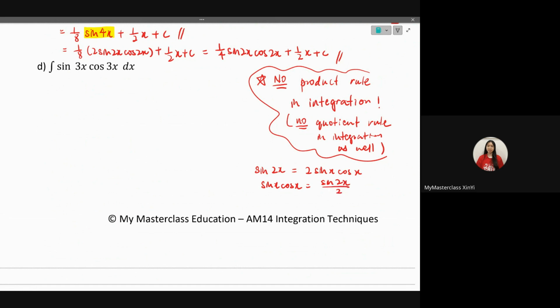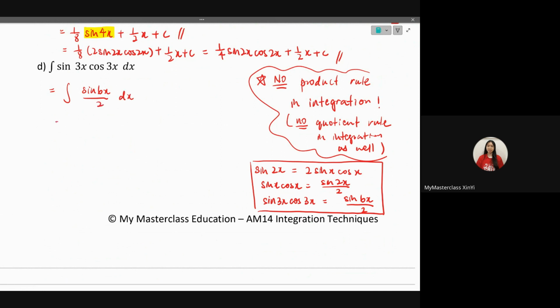Similarly, if I have sine 3x cosine 3x, it's the double angle, so this becomes sine 6x over 2. Ultimately I can replace this so-called product sine 3x cosine 3x as sine 6x over 2. So I will integrate sine 6x over 2, then I will take out the half.